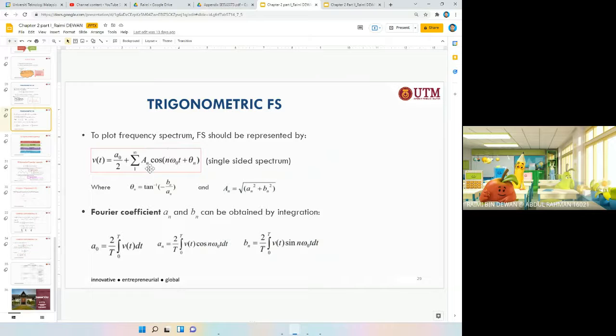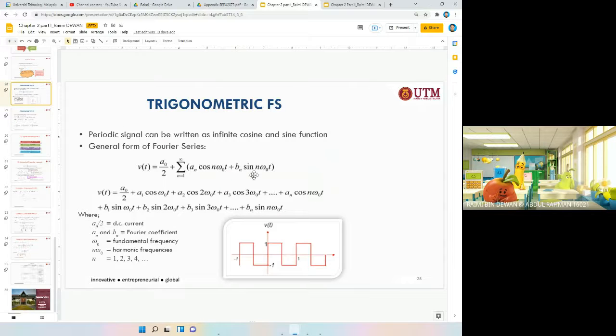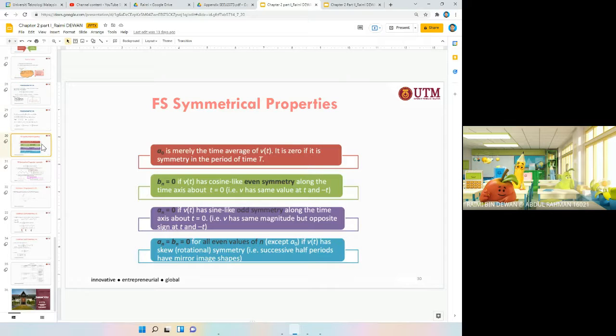This one is the combined Fourier series. Combined Fourier series means your real term should consist of sine, I mean initially it should consist of an cos(n omega naught t) plus bn sin(n omega naught t). But when we combine, we only have the cos component, right? So if it's even symmetry, your bn will be 0.